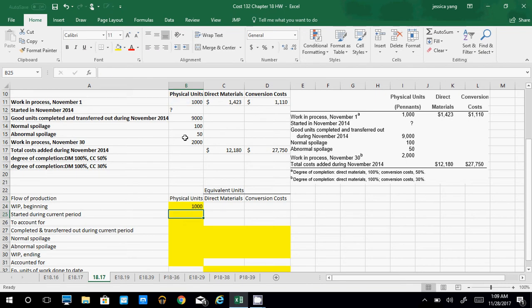For started during the current period, to find this, we would take 9,000 physical units of good units completed and transferred out during November 2014, added to 100 physical units of normal spoilage, plus 50 physical units of abnormal spoilage, plus 2,000 physical units of work in process November 30th, and subtract the 1,000 physical units in work in process November 1st.